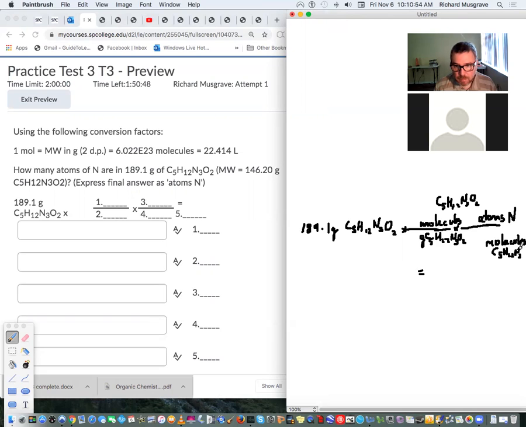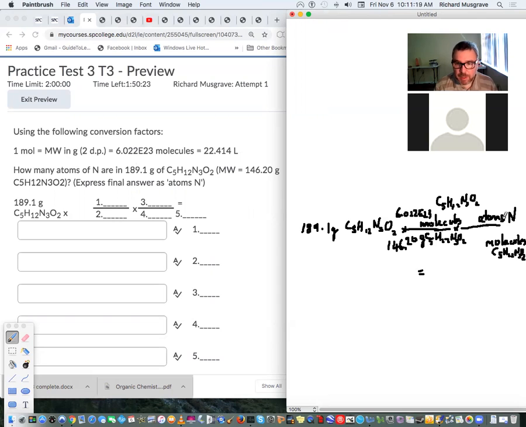The relationship for grams and molecules, according to what we've been given, molecular weight is equal to 6.022 times 10 to the 23. So we've got 6.022 E23 on top, and on the bottom we've got the molecular weight, which is given, 146.20.